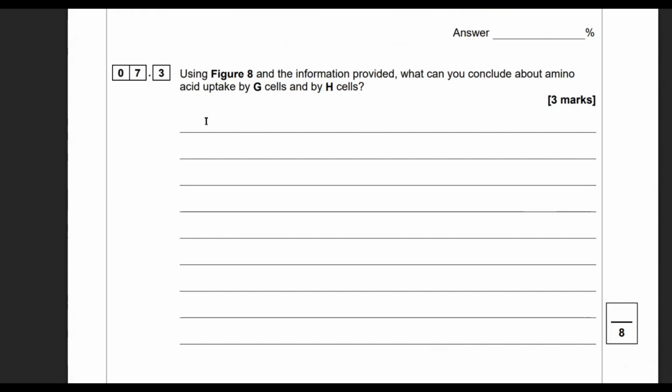So the fact that amino acid uptake goes down when you increase cyanide concentration tells us that amino acids are taken in by active transport, because when you can't produce ATP, you can't take the amino acids in.